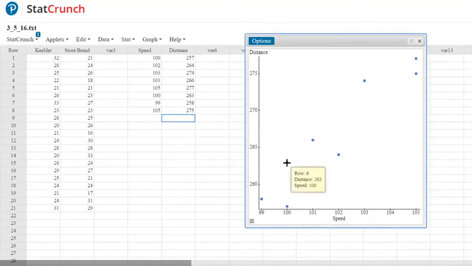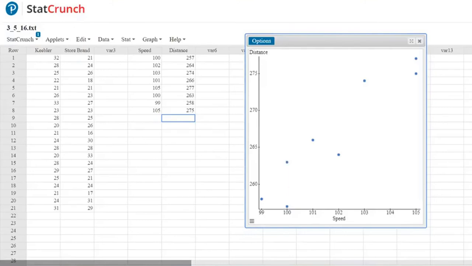If you want to know specific values, like if I hover over that point, that is the data value that's in the 6th row, and X is 100 and Y is 263 on that point. So, a couple of warnings. One warning is we're looking for a relationship between the X variable and the Y variable. Sometimes, whether there is a relationship or not can be distorted by our scatter plot, depending on the scale that I use.